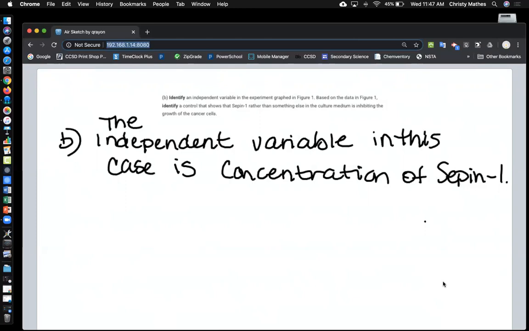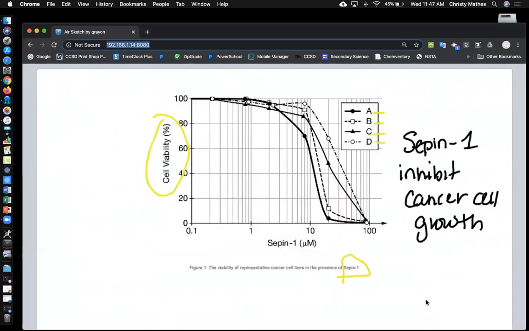The second part of this then asks us what the control is. So the control, and if we go back and look at this graph to be sure that we're looking at the right thing. So I'm changing the SEPin1 concentrations. So here's my independent variable. Your dependent variable is always on the y.